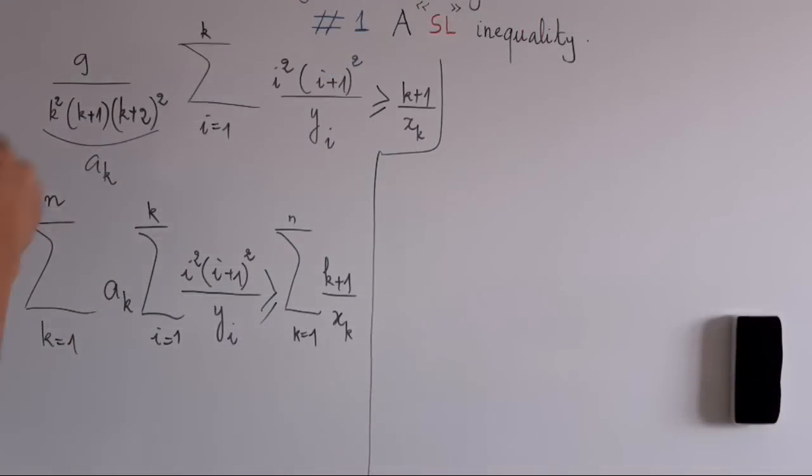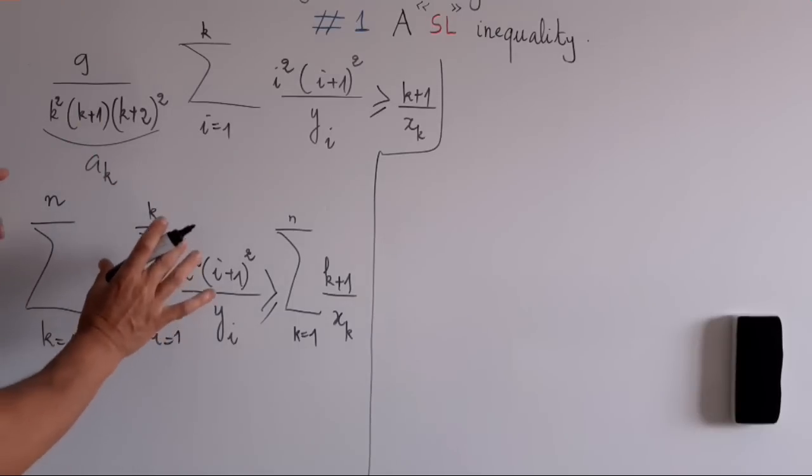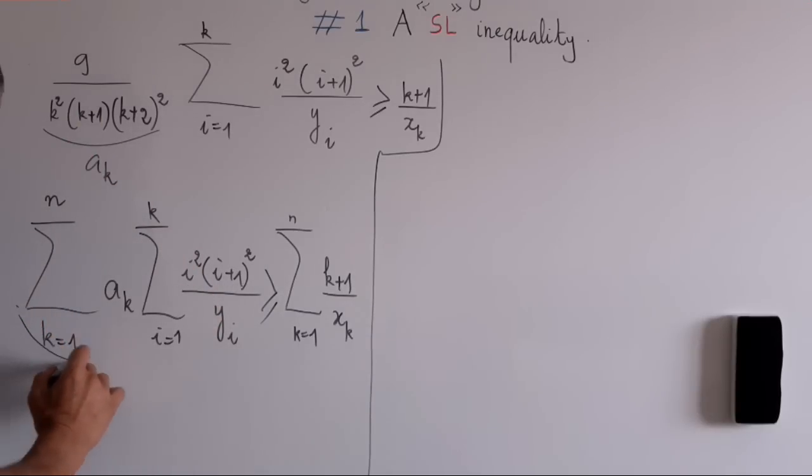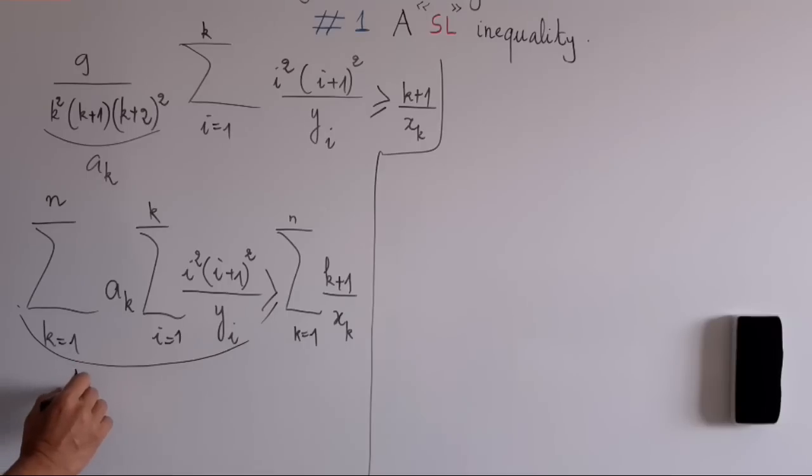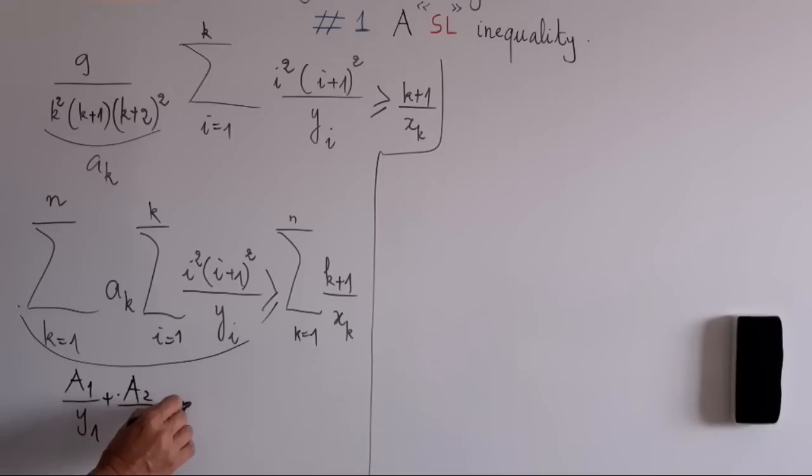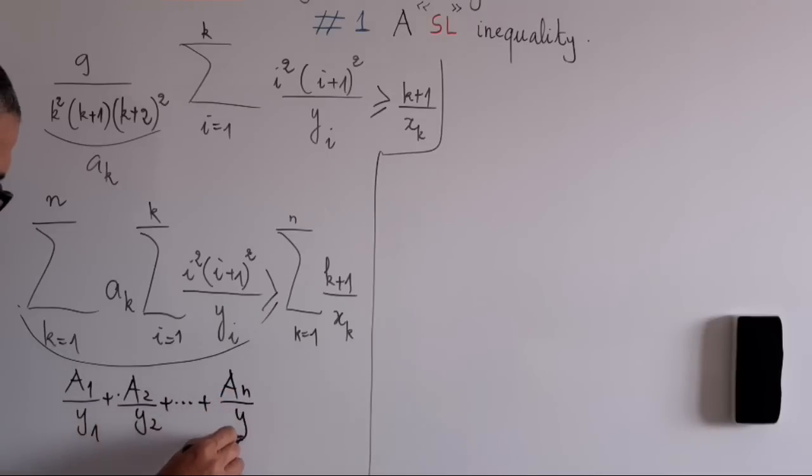As I said before, now I will write this term in the form a1 over y1 plus a2 over y2 and so on, plus a sub n over y sub n.